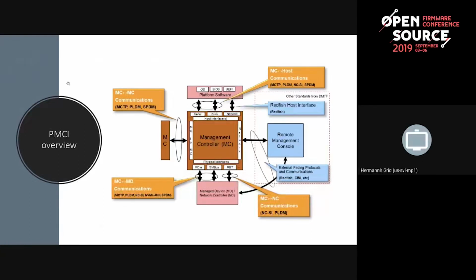There are two other protocols. There's a protocol called SPDM, Security Protocol and Data Model, which deals with, again, inside the box device authentication and firmware management. And lastly, there's NC-SI, which basically talks about how the BMC can talk to the network controller.